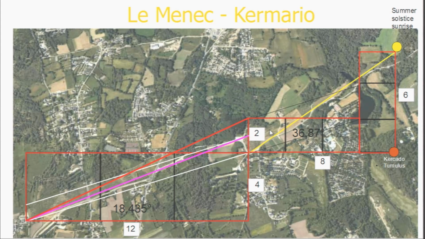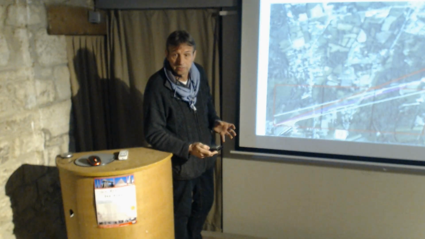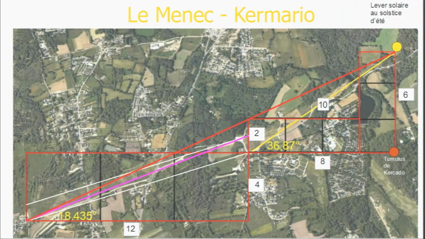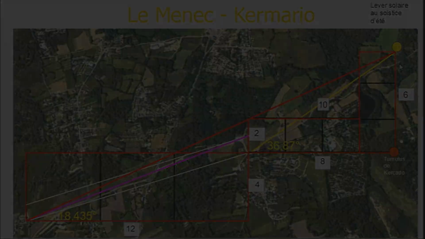So the whole thing is not only geometrical, but linked to certain measurements. And the line going through the Menec East here, this double square line, goes through this point and up to this point. It's all linked.